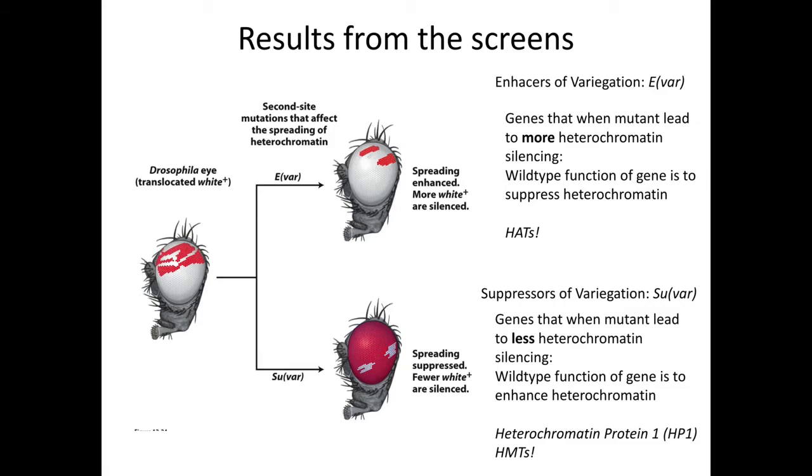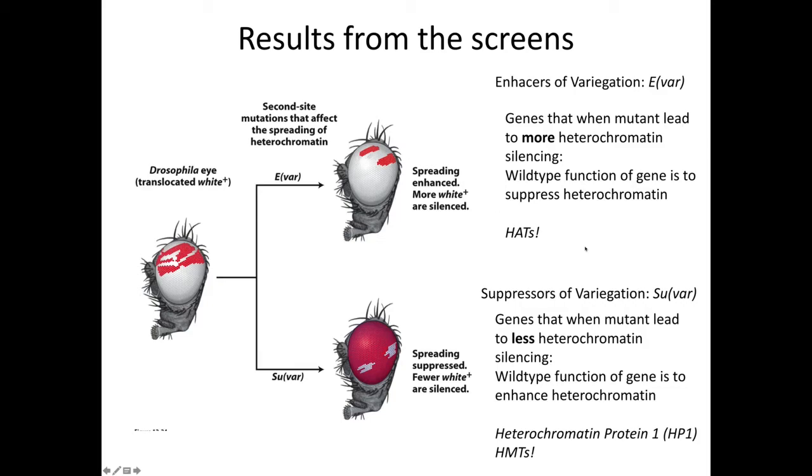What that means is the wild-type function of the gene is to suppress heterochromatin. So there's a gene that suppresses heterochromatin formation, and that gene would then favor activation. But when you mutate it, this favoring of activation is diminished, and so the silencing state takes over.